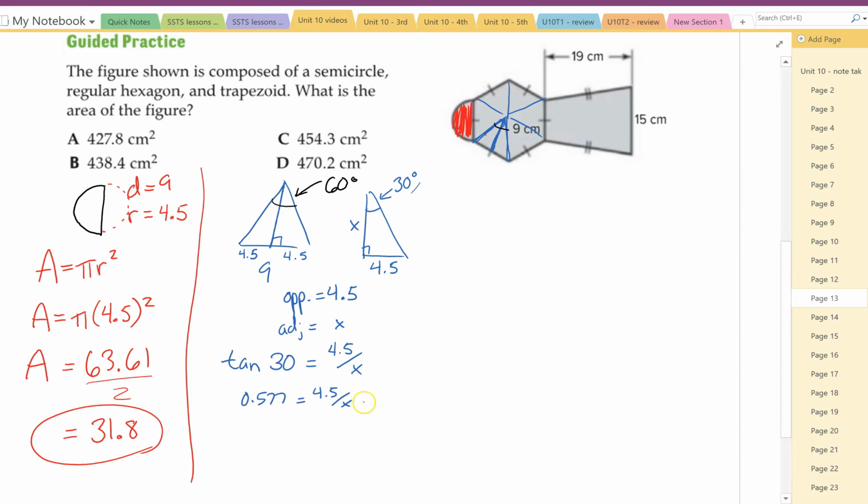And now to get that x out of the denominator, multiply by x on both sides. So I have 0.577x equals 4.5. Divide both sides by 0.577 to get x by itself.